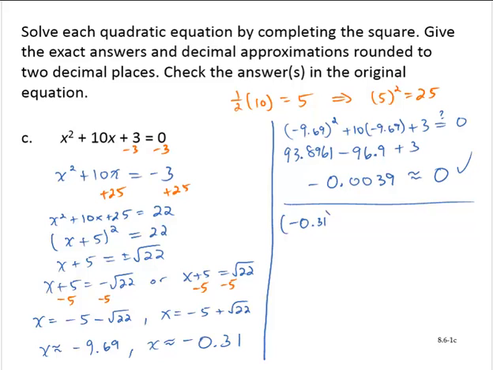Negative 0.31 squared plus 10 times negative 0.31 plus 3, is this equal to 0?